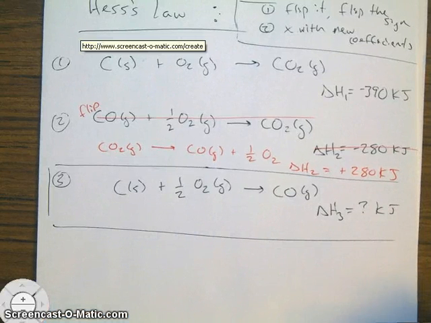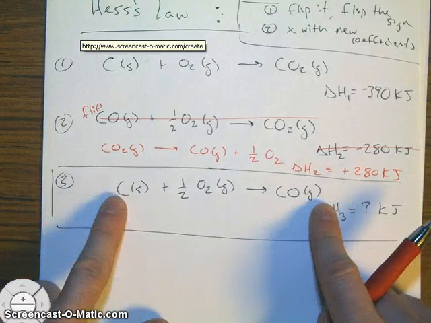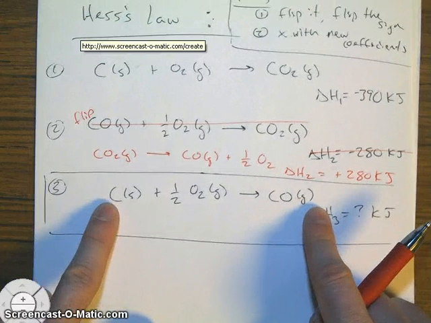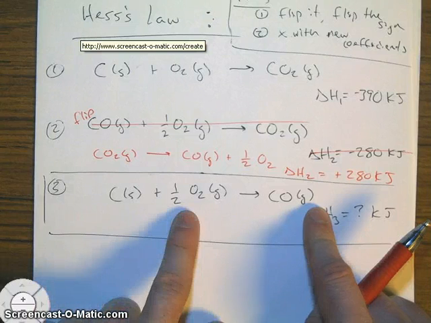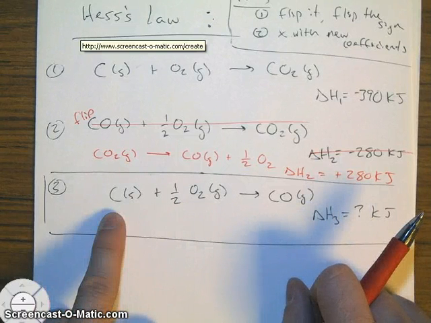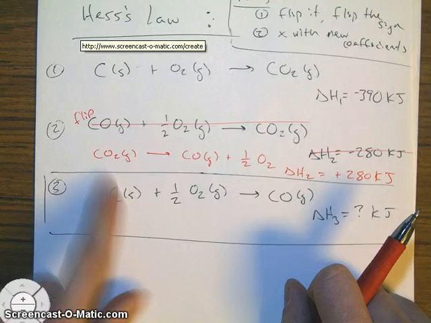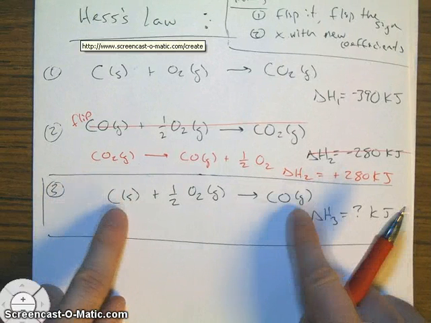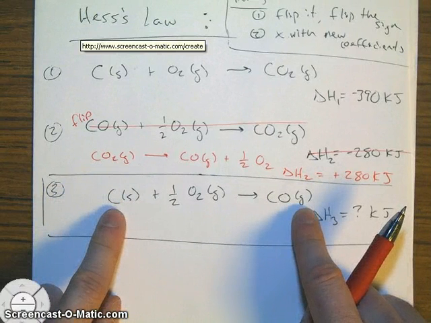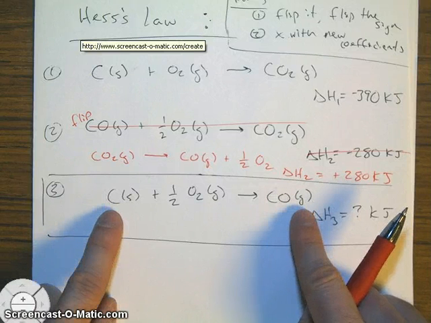Now let's take a look at this final equation here, and I'm noticing something. It's a half oxygen here and a solid carbon, and there's no carbon dioxide as a reactant. In fact, there's no carbon dioxide as a product either. Carbon dioxide doesn't exist in the equation I'm trying to add up to.